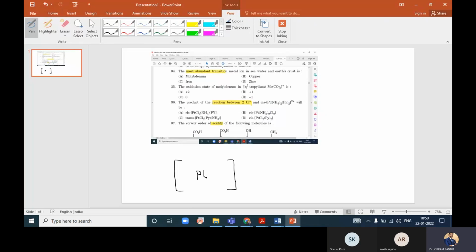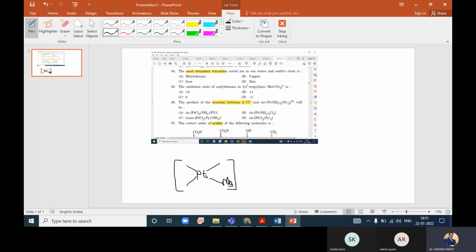But for writing the cis compound, the NH3 should be on the same side. If I draw NH3 on this side, it will come here or here, but definitely not here, because if you write NH3 here, then it will be a trans compound.